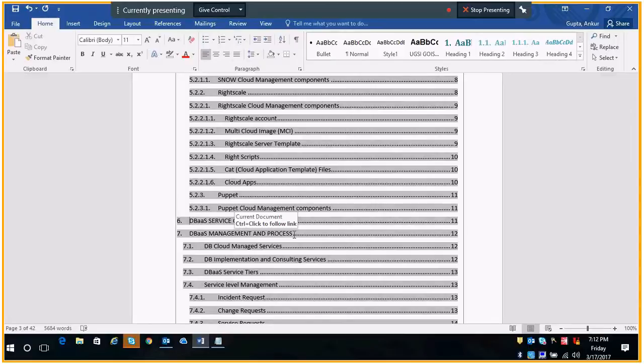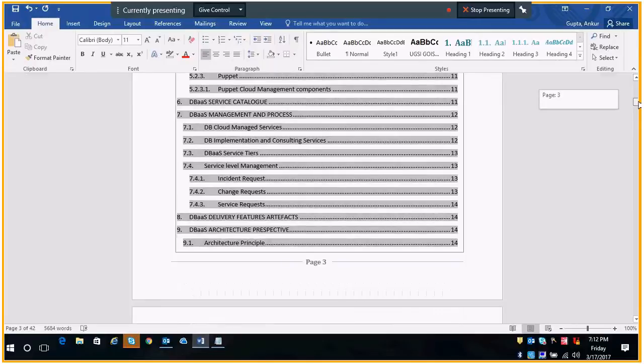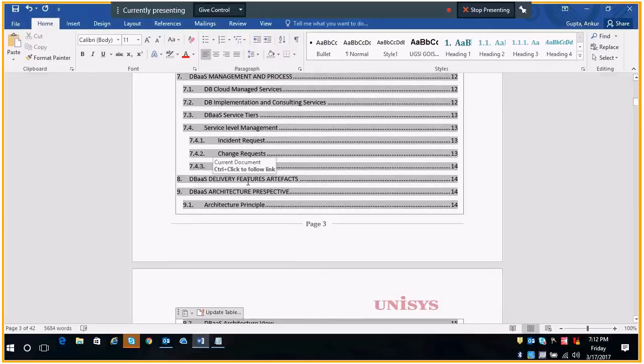It will talk about what we want to give as database cloud management services, implementation and consulting services, database service tiers, service level management, incident and change request. Then we have the database delivery feature artifacts, all those low level design documents we have to create for each of these services, whether it is HADR, monitoring, or backup. These would be artifacts which we would be creating as a low level design.